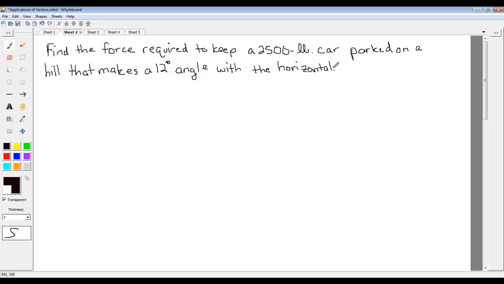Okay, so in this one, I'm not a very good artist, but just bear with me. I'm going to draw a hill. I'm going to draw a horizontal. And I have a little car parked on this hill.